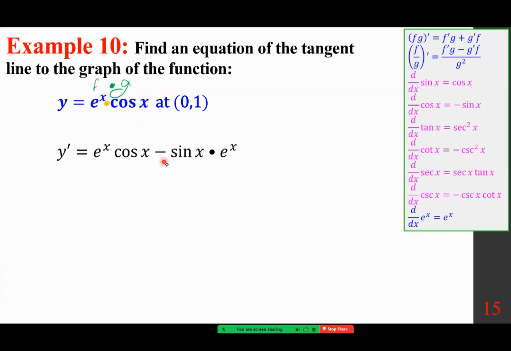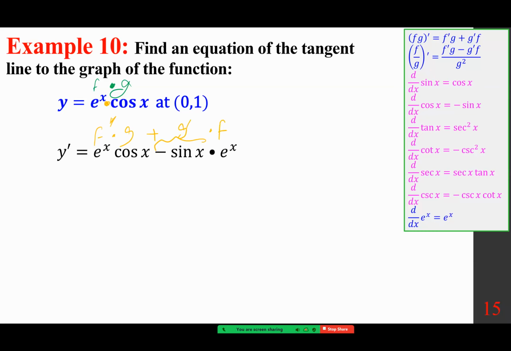So in one shot, I write minus. So f prime g plus f g prime.